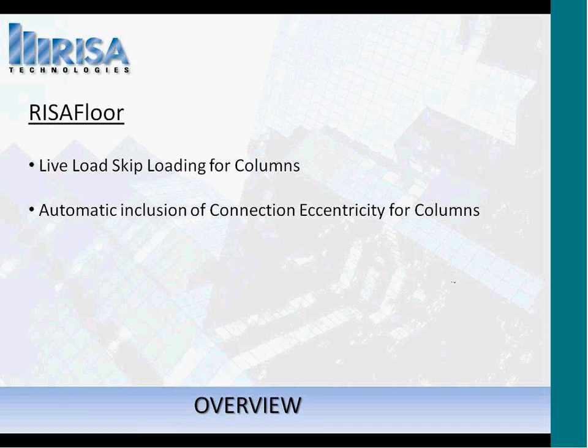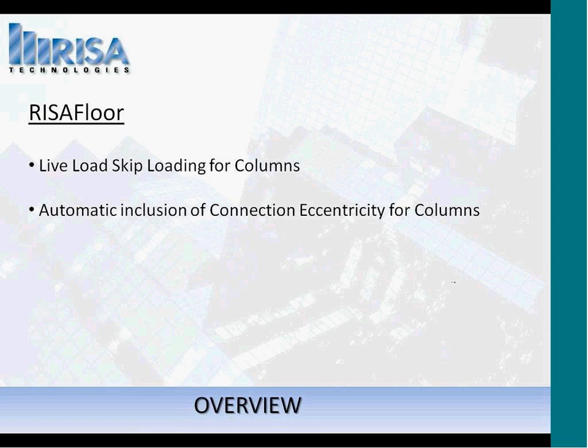The other thing that goes hand in hand with live load skip loading is an automatic inclusion of connection eccentricity for columns. That one's automatically done for some raw and steel members. You'll see that as we draw members in there, they're going to automatically have that eccentricity. We also can enhance that by applying some connection rules so that we back off the eccentricity even farther to account for the connections.